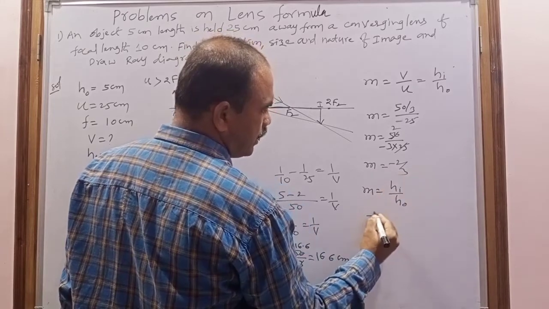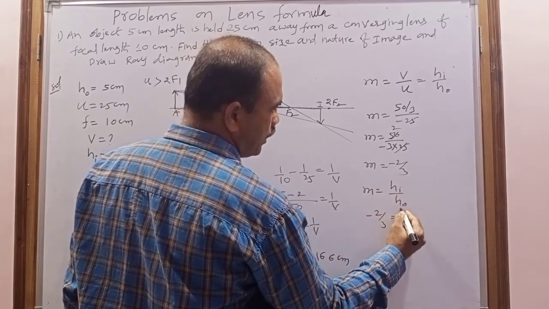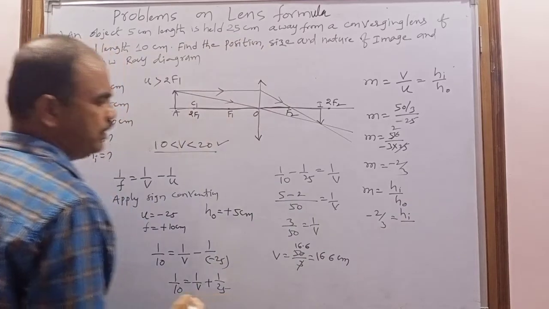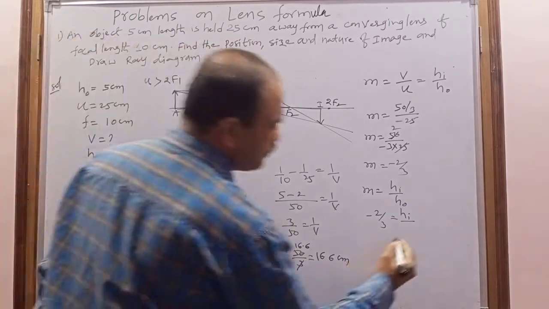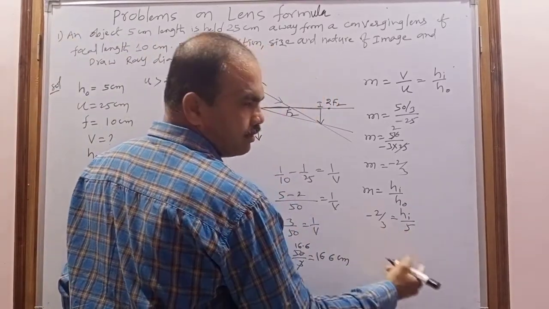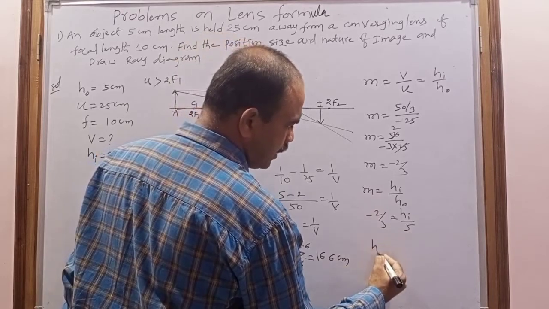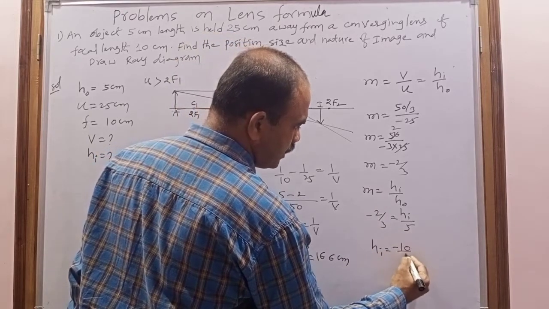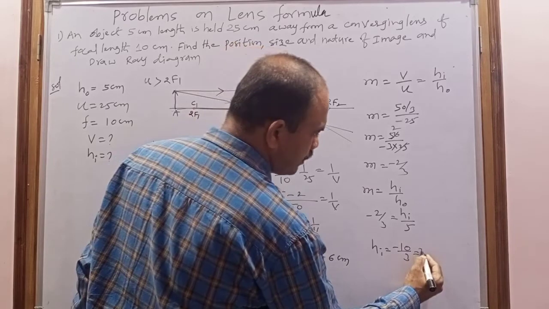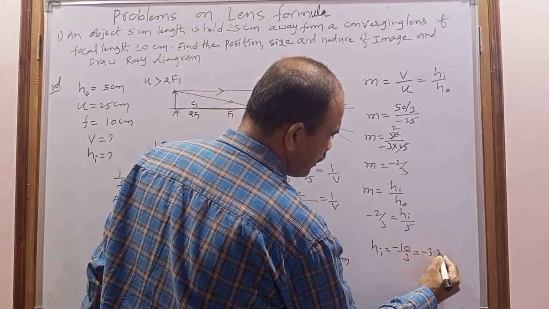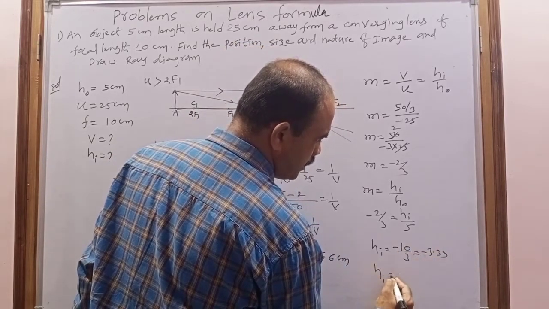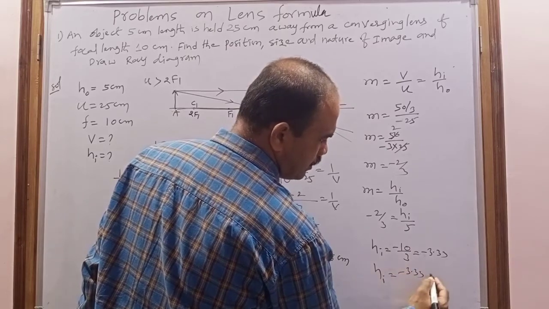Then substitute here: minus 2 by 3 equal to height of the image by, what is the height of the object? The height of the object is plus 5. So now do the cross multiplication. So height of the image is equal to minus 10 by 3. Minus 10 by 3 is nothing but minus 3.33. So height of the image is minus 3.33 centimeter.